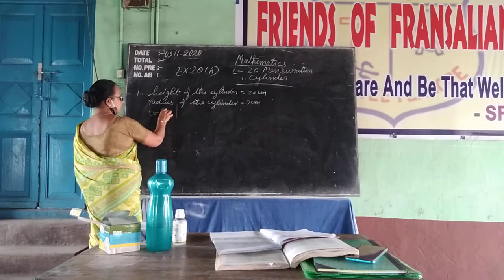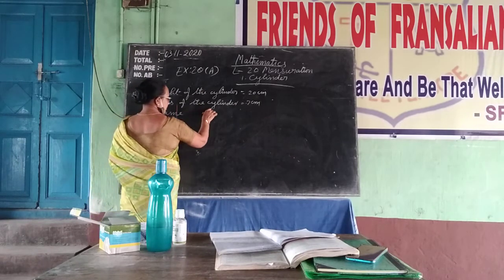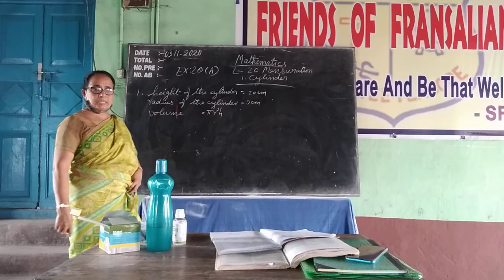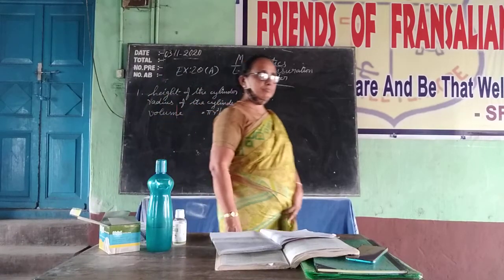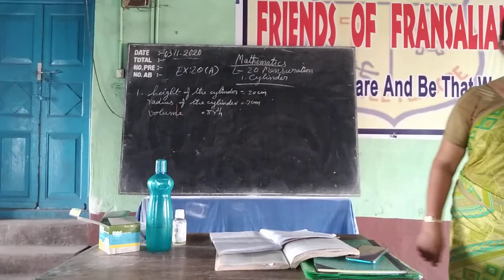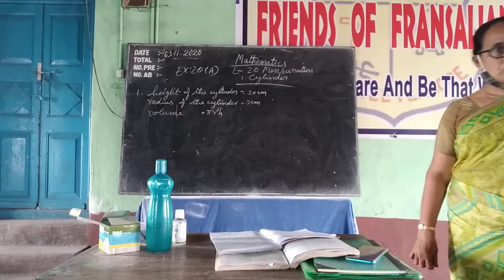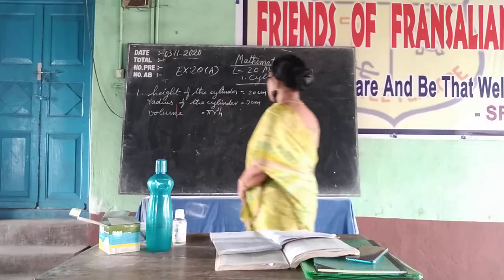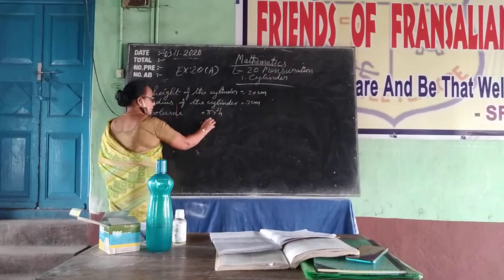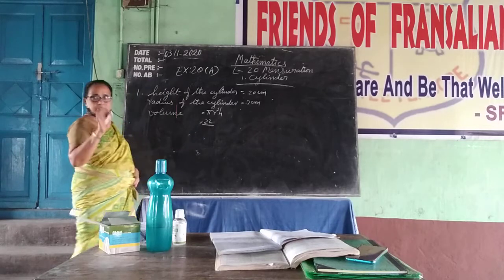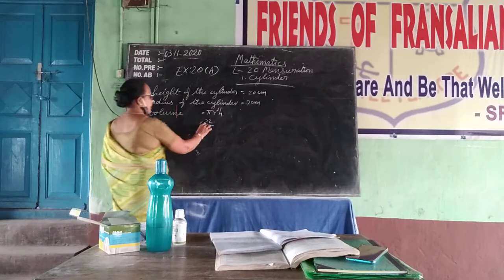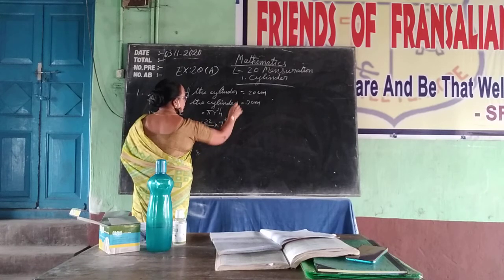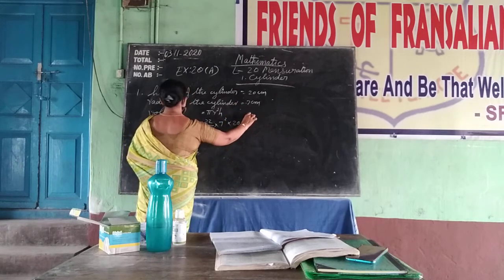Volume is equal to, write the formula, pi r square h. Volume of the cylinder, pi r square h. Pi value, if it is not mentioned what to be taken, any value you can take. If it is mentioned, that value only should be used. 22 by 7 into r square, 7 square, h, 20 centimeter cube.